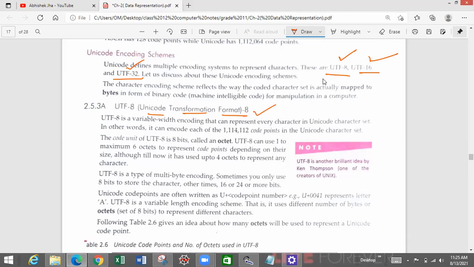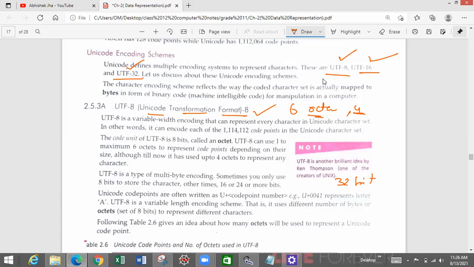In UTF-8, we can use 6 octets maximum, or up to 4 octets. If your machine is a 32-bit machine and you want your number to be represented in a 32-bit system, you can use a 4-octet system. If you want to use a bigger number, you can use a 6-octet system. And if you need a smaller number system, you can use a single, double, or triple octet system.